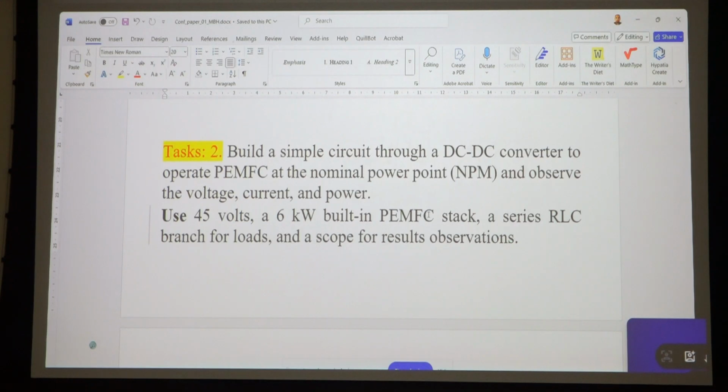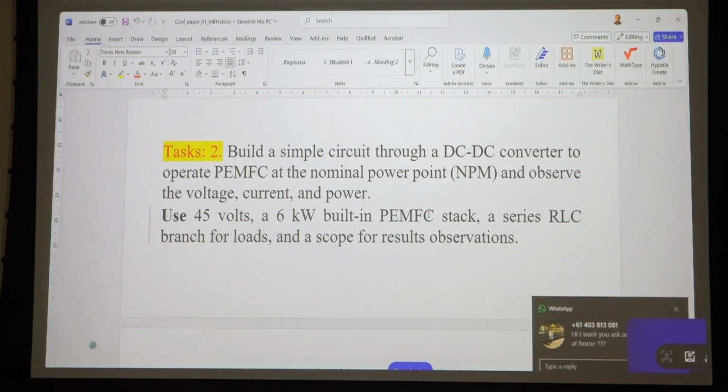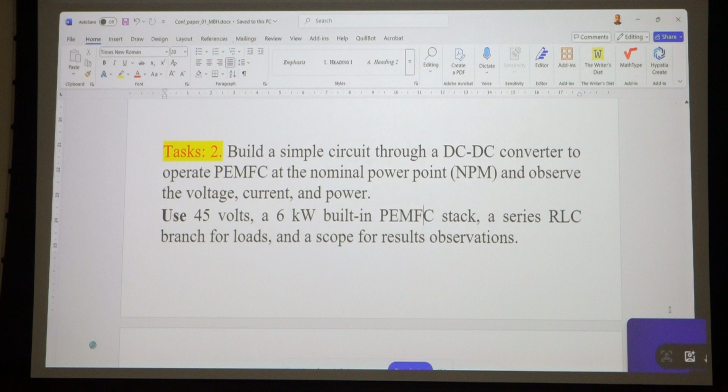In MATLAB there are a lot of different types of built-in converters, using chopper, using 2 level, 3 level, different. So just try to think about it.